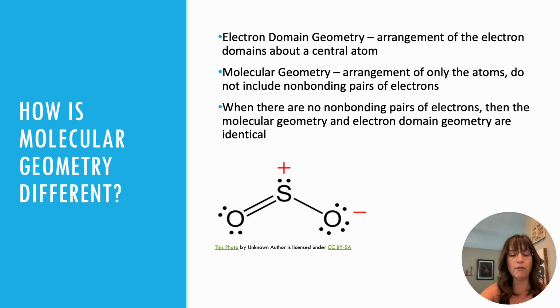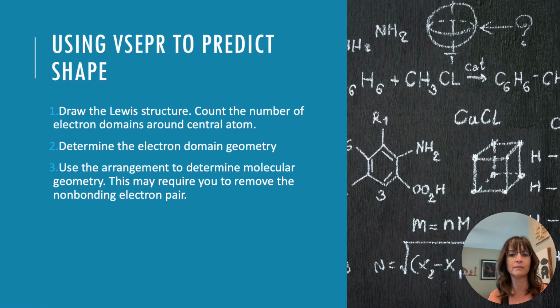You pluck off those electrons that are not bonded to anything, and trigonal planar becomes bent. When there are no non-bonding pairs of electrons, no dots hanging out anywhere, then your molecular geometry is going to be the same as your electron geometry. Picture methane, CH4: C in the middle, H on all 4 sides. It's going to be tetrahedral both ways.